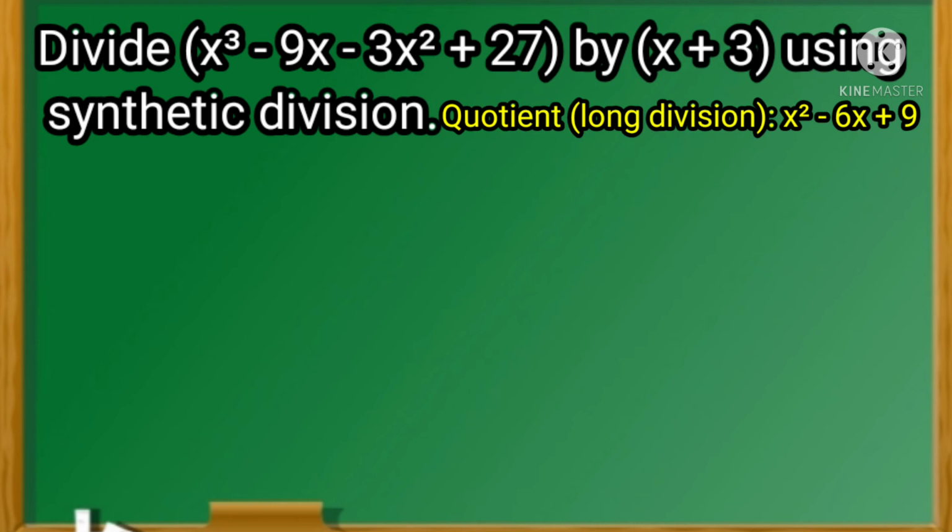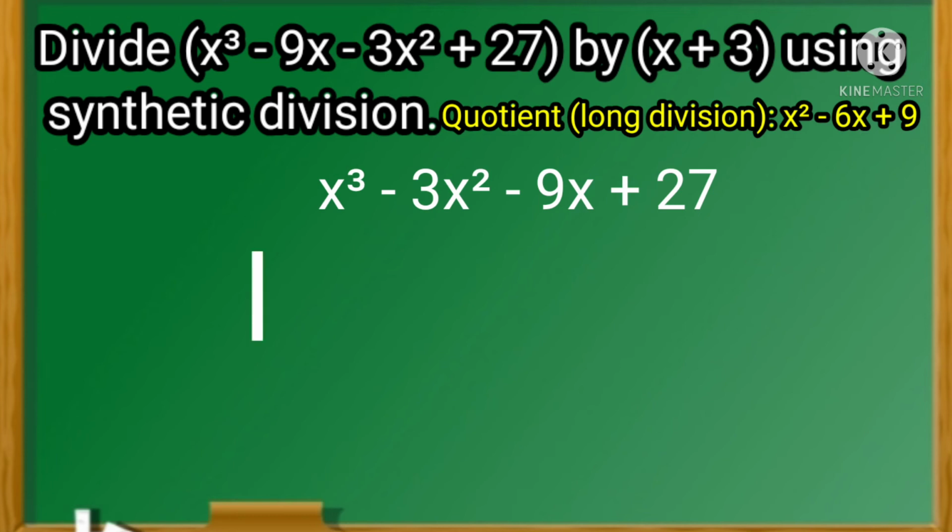First, arrange the dividend in descending order. That becomes x cubed minus 3x squared minus 9x plus 27. In this corner, this is the place of the value of a that is taken from the divisor, which is x plus 3. We simply get the inverse of the constant term of the divisor, which is positive 3.